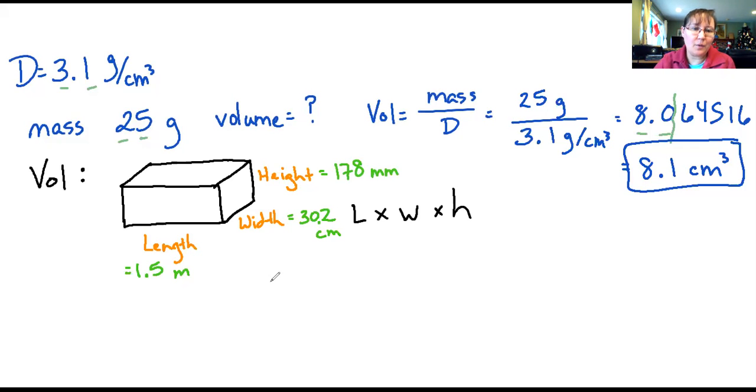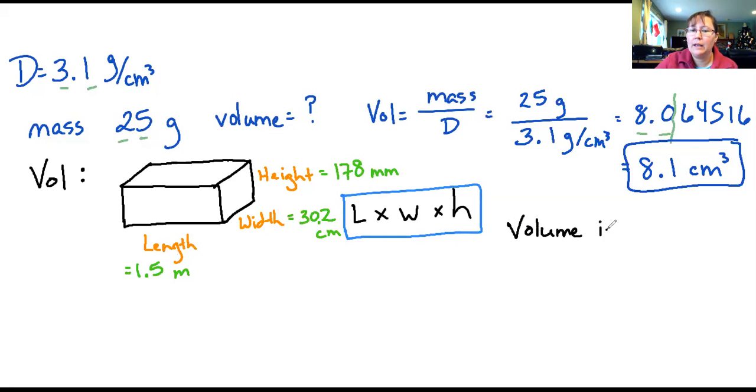Now you'll notice here that I've given this in 3 different units. And in order to do length times width times height, we're going to need all of our units to agree. Let's say our question is, what is our volume in cubic centimeters?